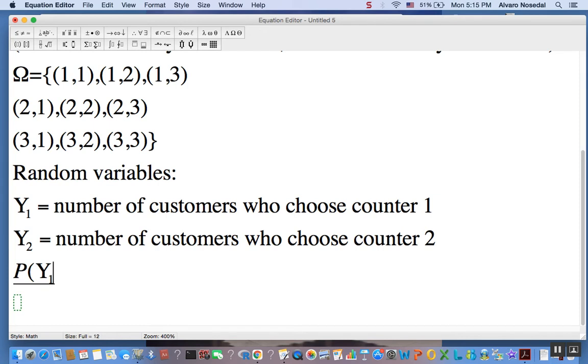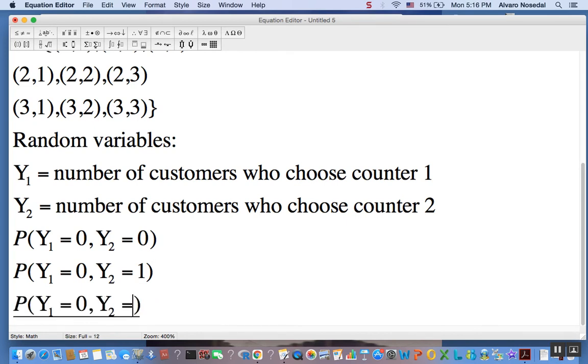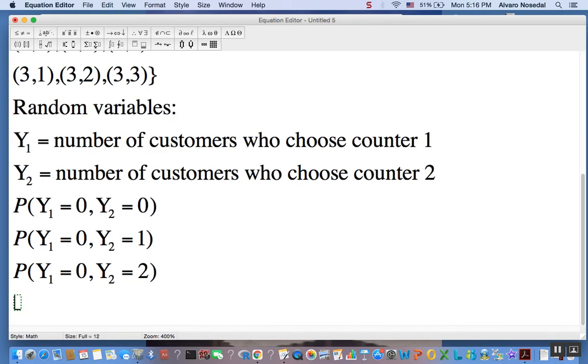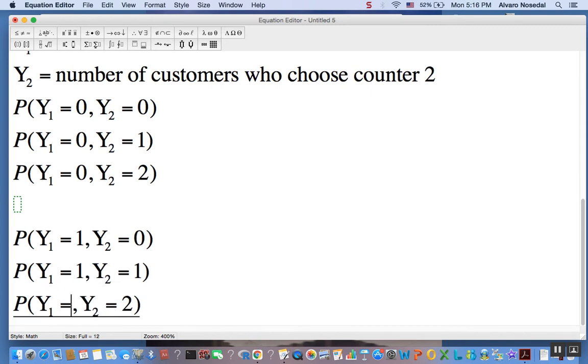So now what we need is something like this. The probability that y1 equals 0 and y2 equals 0. Another possibility, the probability that y1 equals 0 but y2 equals 1. Then y1 equals 0, y2 equals 2. And then we are going to have something similar for y1 being 1, another set of possibilities.